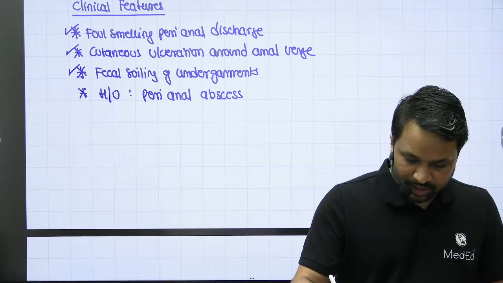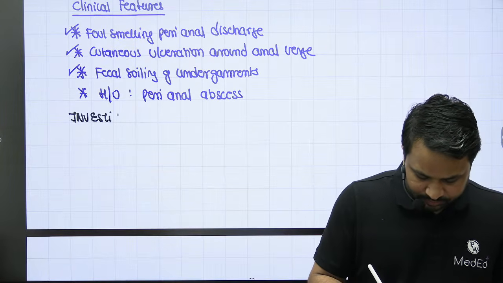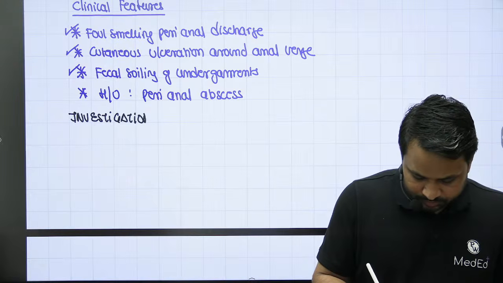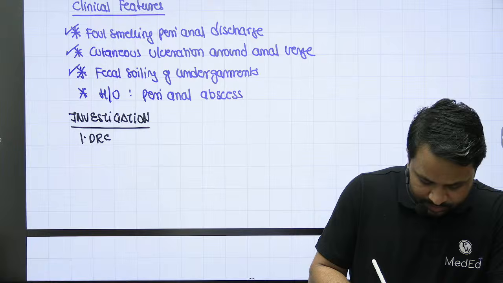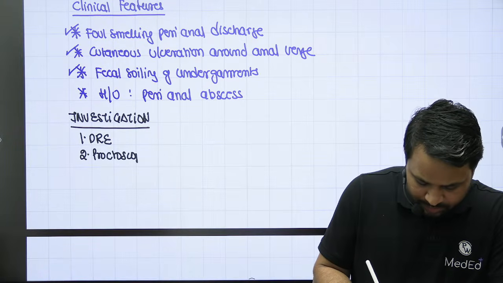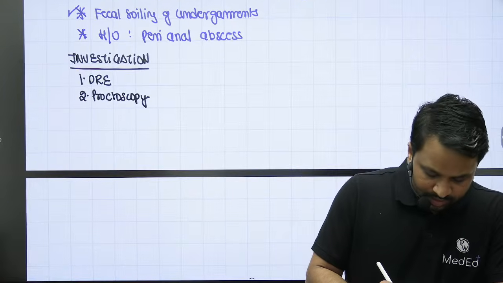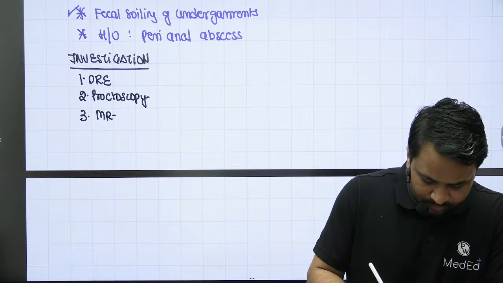Now, whenever you have a presentation like this, the investigations that you would do: number 1, we will do a digital rectal examination. Number 2, I'll do a proctoscopy to see if any opening is visible. Then I would like to go ahead with the MR fistulogram.